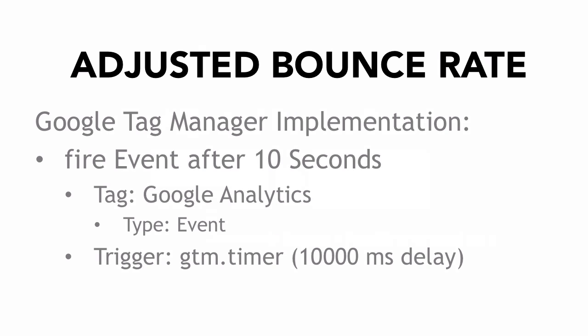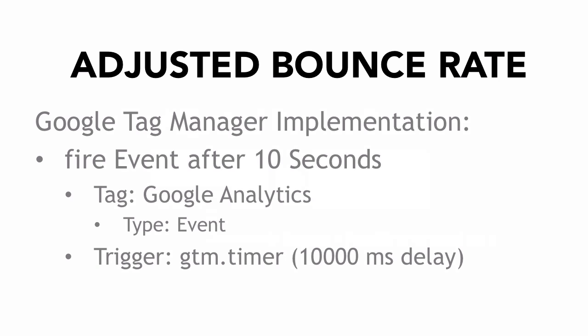To get that installed with Google Tag Manager, we'll fire an event after 10 seconds, which will signal to Google Analytics that the user has been active on that page. So it's an interaction that fires off to Google Analytics and will tell Google Analytics that this can't be counted as a bounce anymore.